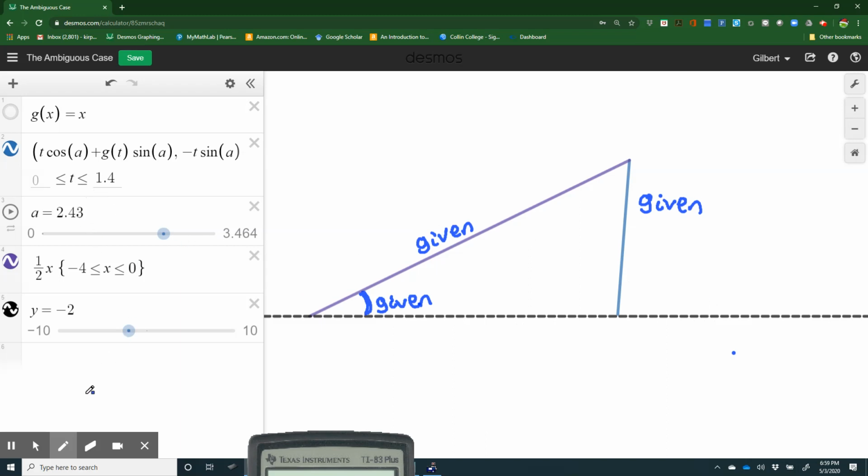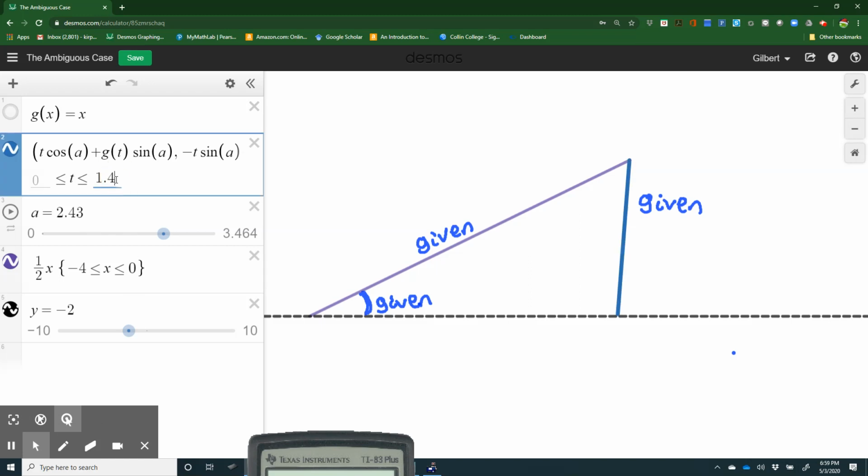But let me show you the first case that can happen. Because the three things are given, these two things can't move because the angle's set, so that line is set. They didn't give us the angle up here, so this angle is kind of free to rotate to make it work.